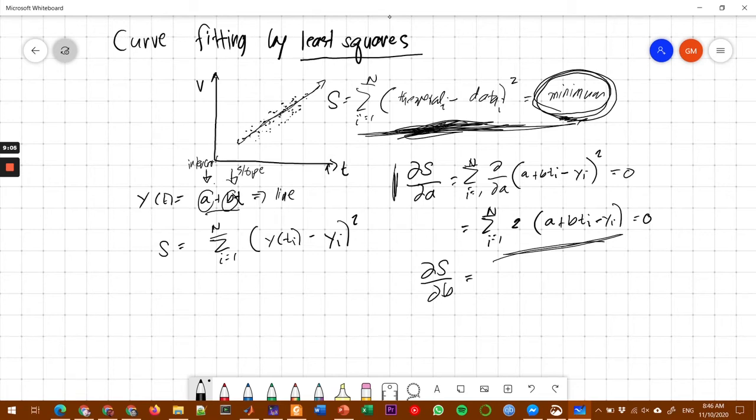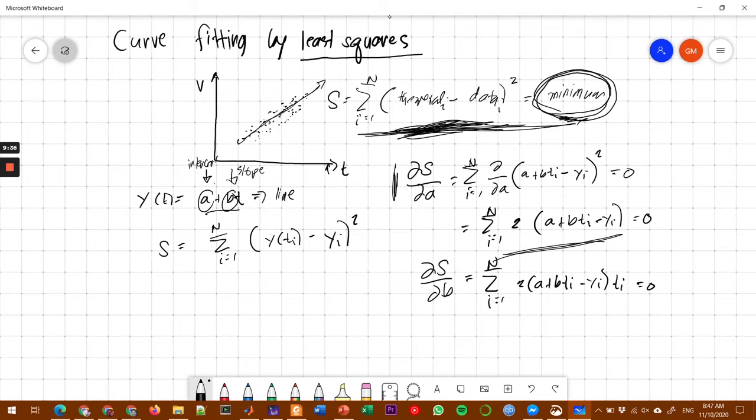Okay? If you do the same trick, the same pattern, you should be able to get this. Summation of A plus B t_i minus y_i t_i equals 0.